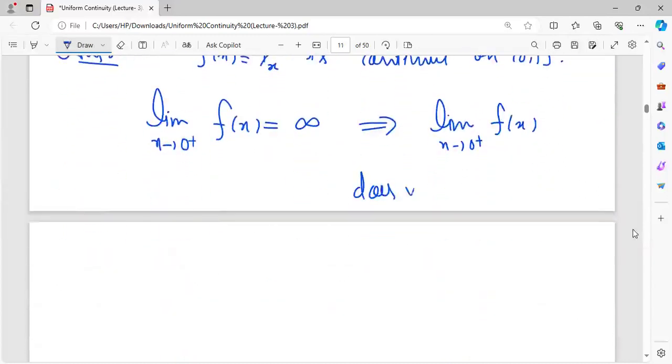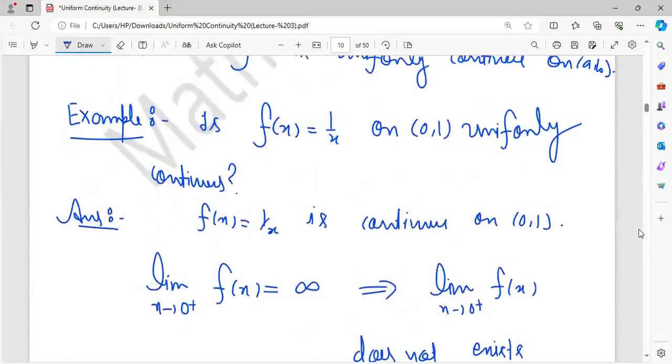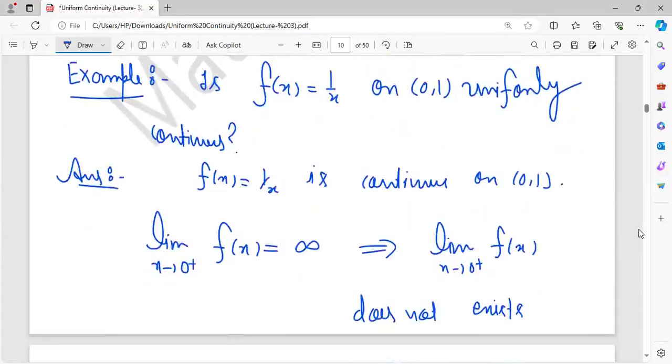It means f(x) equal to 1 by x is not uniformly continuous on the open interval 0, 1. So we have proved that f(x) equal to 1 by x is not uniformly continuous on open interval 0, 1.